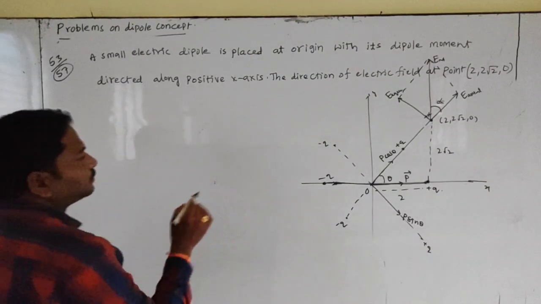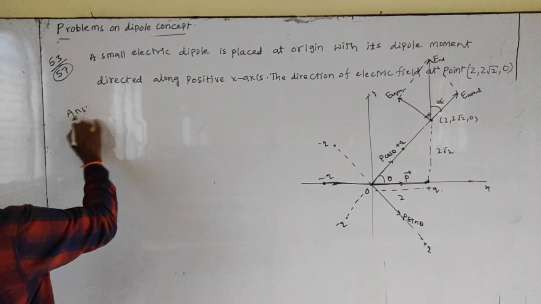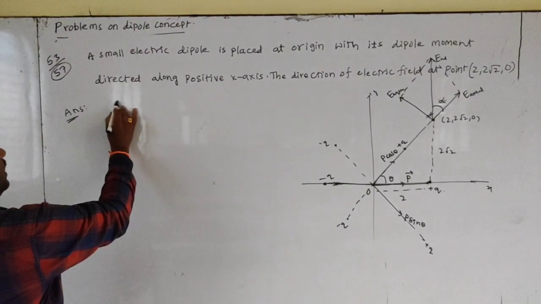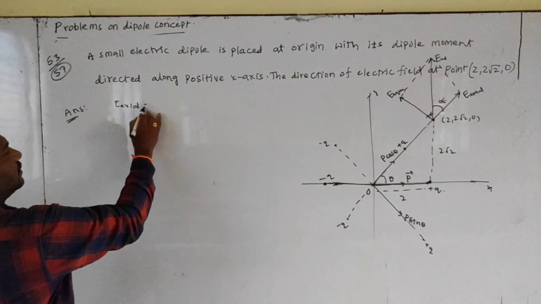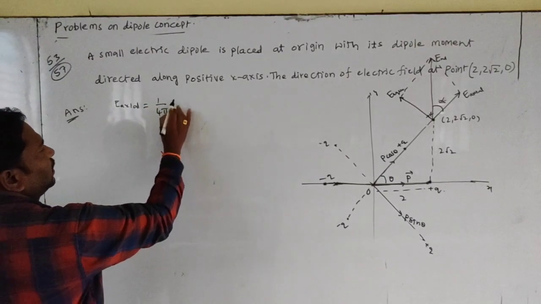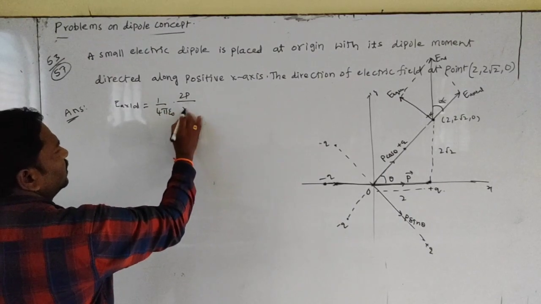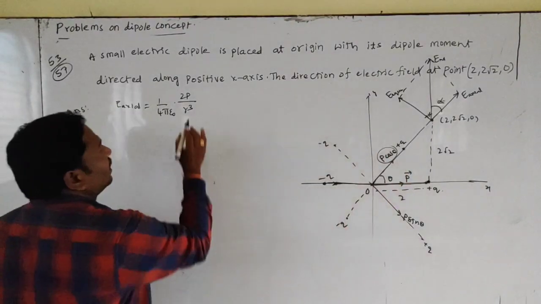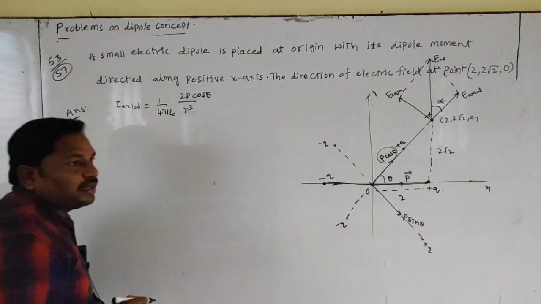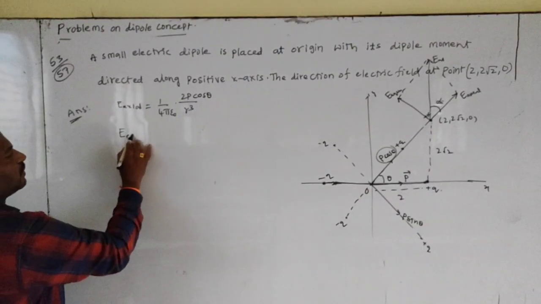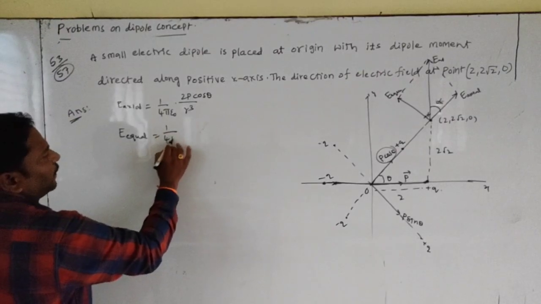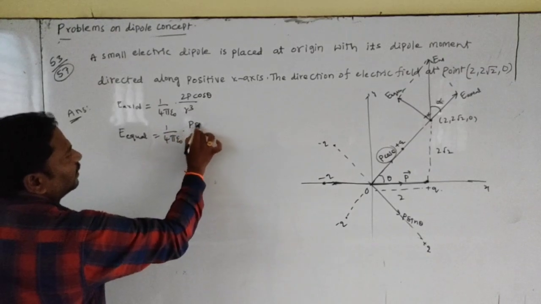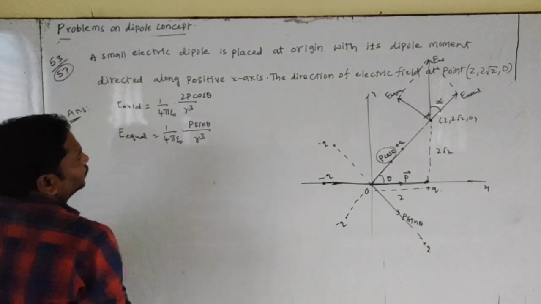First, what is the axial line formula? Axial line: 1 by 4 pi epsilon naught, 2p by r cube. But in place of p, what will be there? Cos theta. What is the formula for the equatorial line? 1 by 4 pi epsilon naught, p sin theta by r cube.